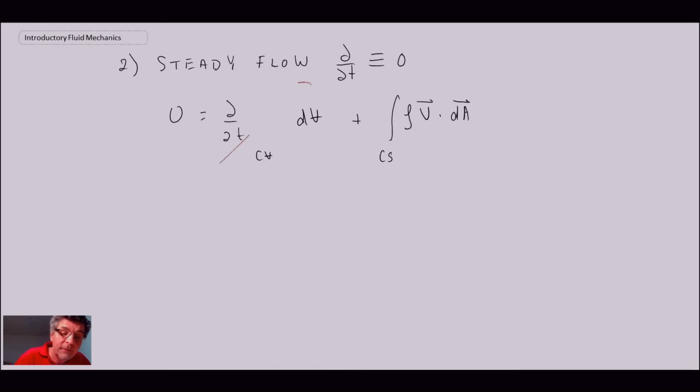The first term here goes to zero because the time rate of change no longer exists.